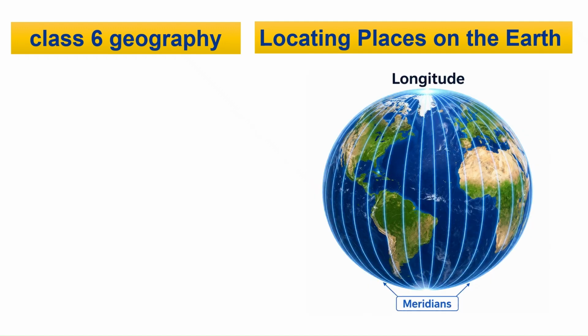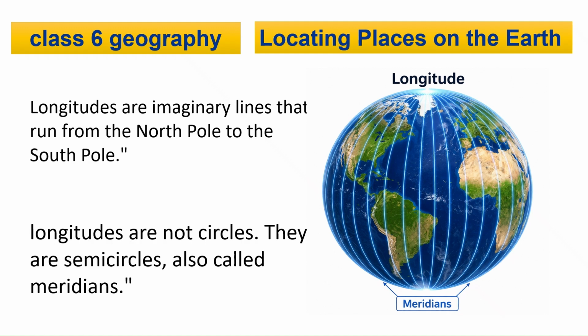Now let's learn about longitudes. Longitudes are imaginary lines that run from the North Pole to the South Pole. And longitudes are not circles, they are semicircles. And they meet at the North Pole and the South Pole.